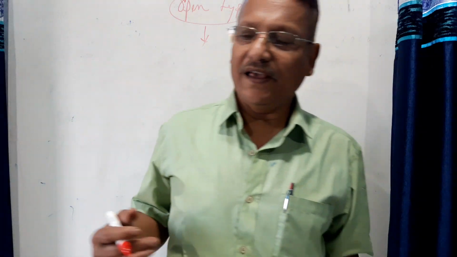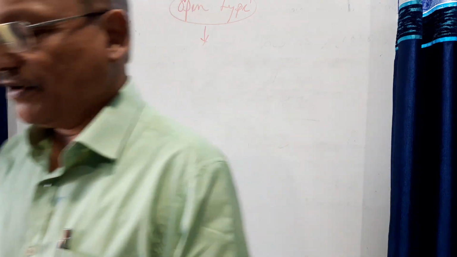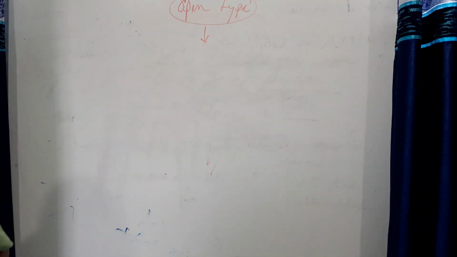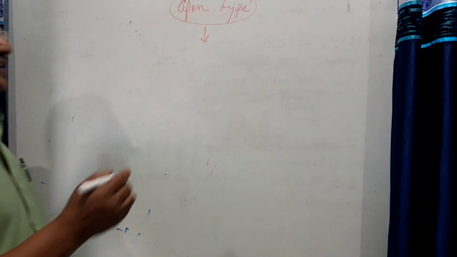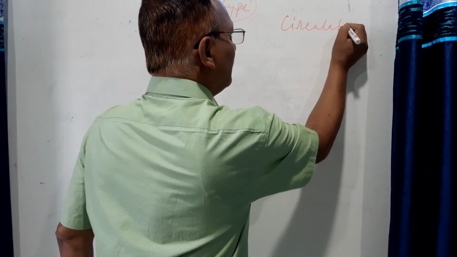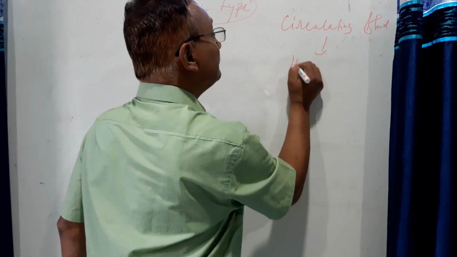Of course, except insects, some molluscs also have open type circulation. In insects, the circulating fluid is hemolymph.